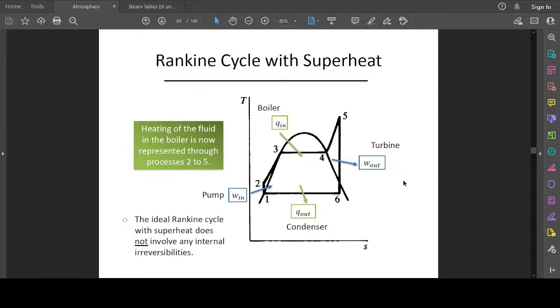So heating of the fluid in the boiler is now represented through stages 2 to 5. Okay, so 2, 3, the boiler, superheating, and here the turbine. Then the ideal Rankine cycle with superheat does not involve any internal irreversibilities.